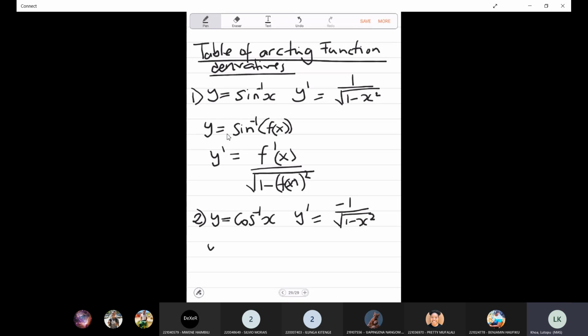So when y is equal to cos inverse of a function of x, then y prime is negative the derivative of that function in the numerator, and then in the denominator we have the square root of 1 minus that function squared.